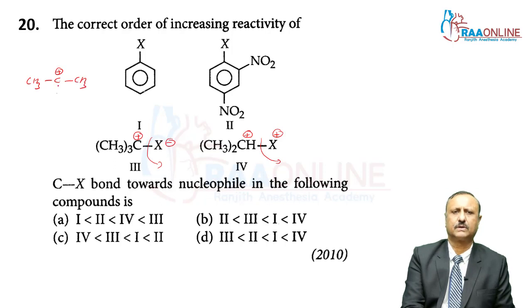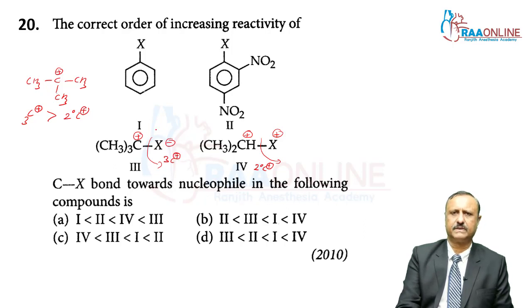So this is called tertiary carbocation, and tertiary carbocation is more stable than the secondary carbocation, which is obtained by this fourth. So when this is more stable, the order of increasing reactivity is more for the nucleophile.